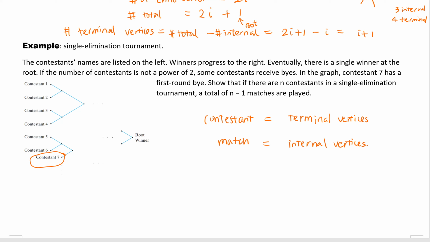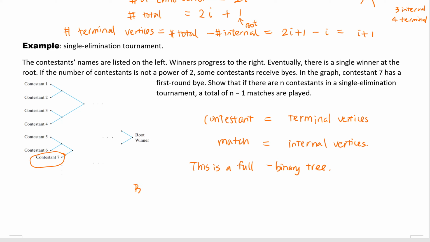So far, so good. And this is a full binary tree because in a game we have 2 contestants and there's 1 winner. So this is a full binary tree. So far, so good, everybody?